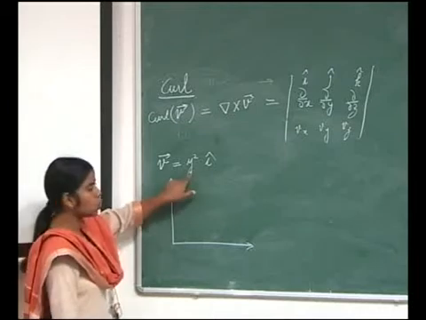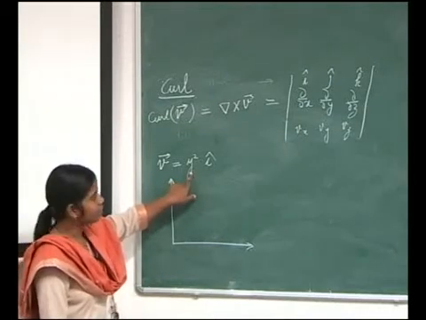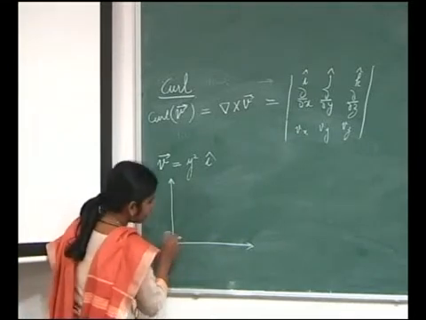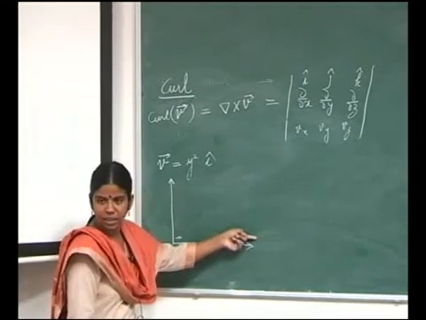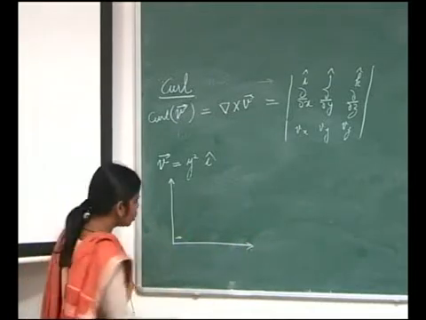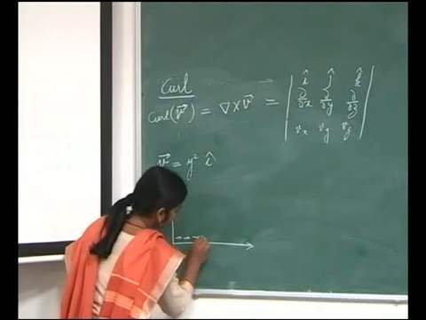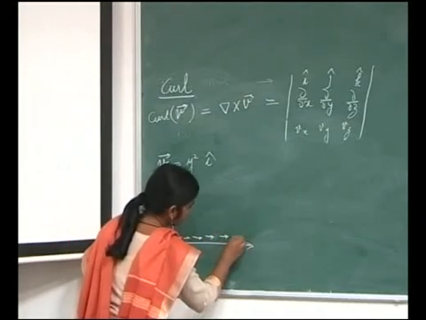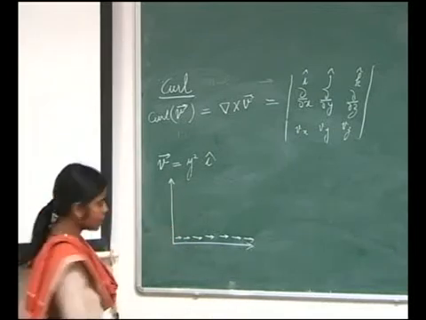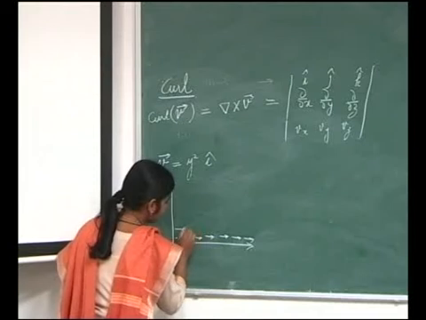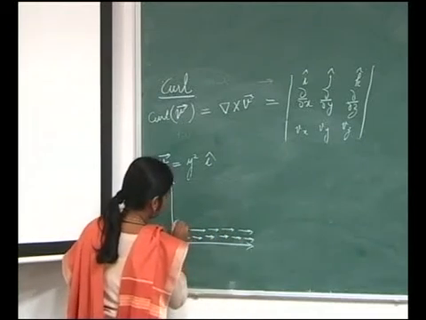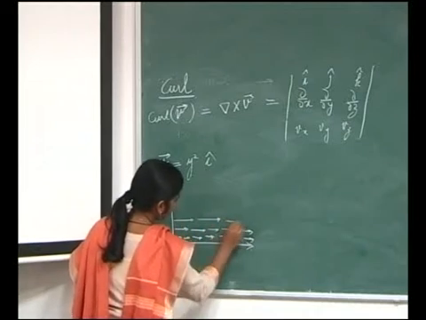For y is equal to 1, I get V is equal to 1. Along this line, the magnitude of this vector field is going to be the same because y is not changing. But when I go to y is equal to 2, it becomes 4. So, I have a vector field which looks like this, and then it becomes like this.